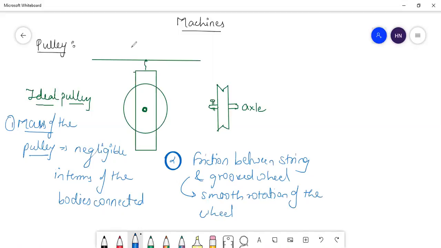That means our pulley system is totally based on the friction between the string and the groove. If I say it is a frictionless surface, then obviously the wheel won't rotate. The string will just slide along it. So we need that along with the string, the wheel should also move. So there should be enough friction between the string and the grooved wheel, so that the contact is not lost or it doesn't slide along the grooved wheel.